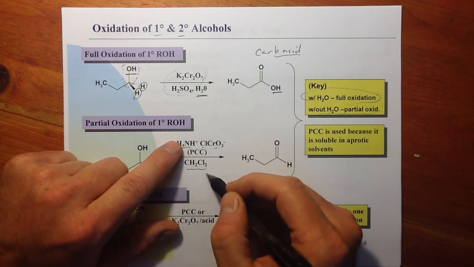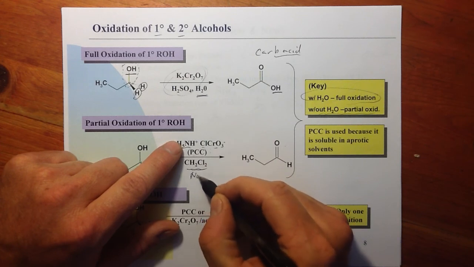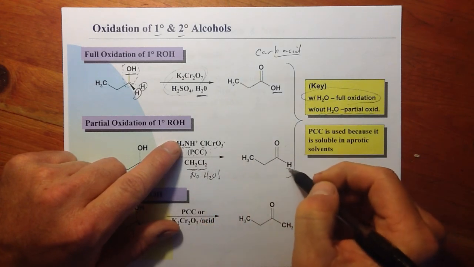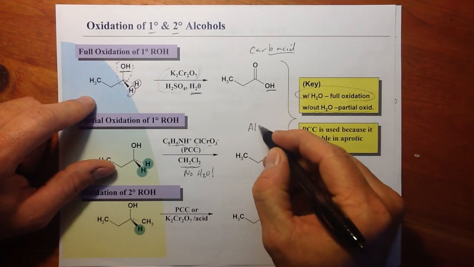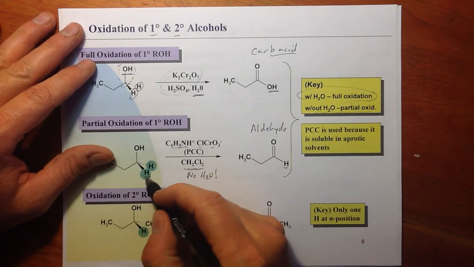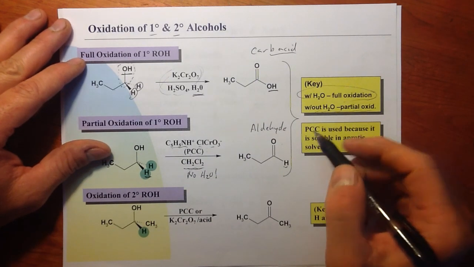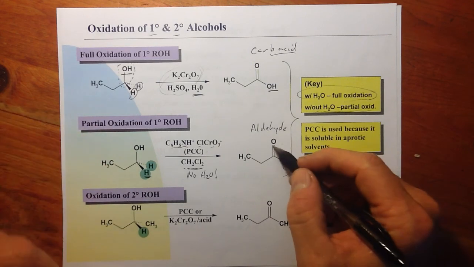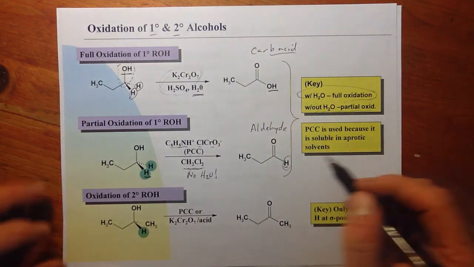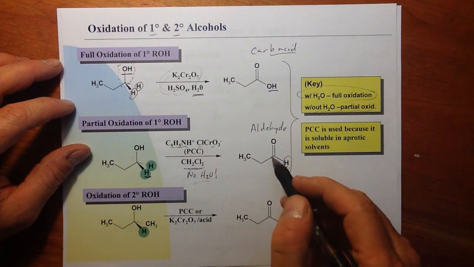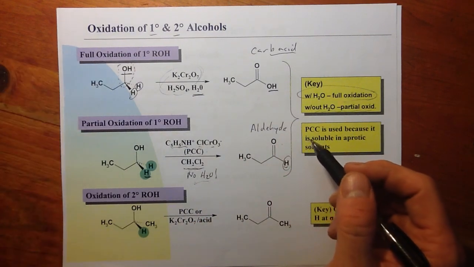So we use methylene chloride as a solvent, and there's no water present, then we can stop at an aldehyde, where we remove one of those protons, leave the other one behind, and have a carbonyl. We stop there because there's no water. If there had been water, it would go on to make the carboxylic acid.